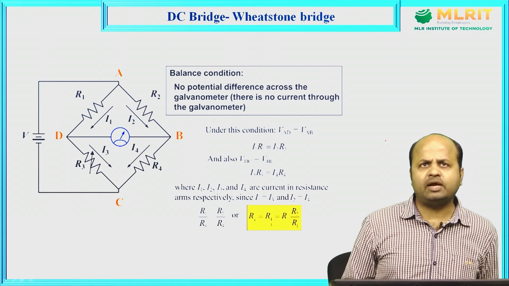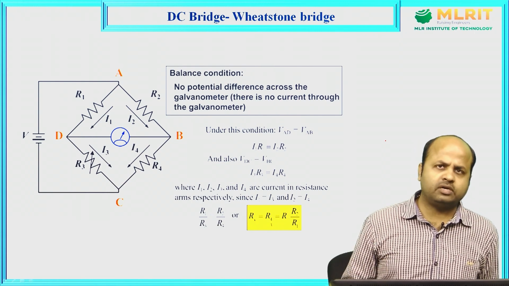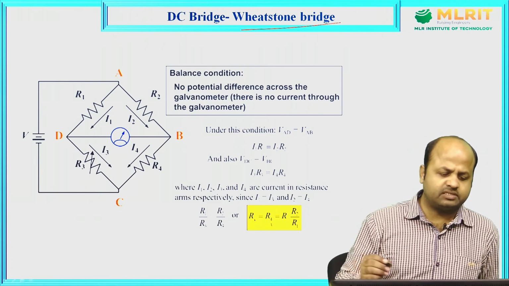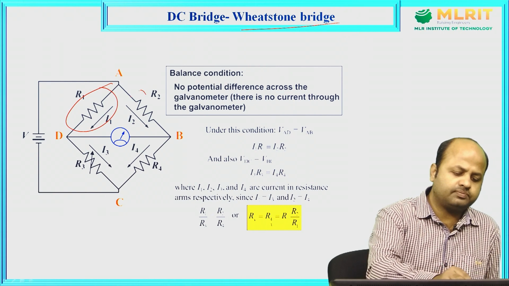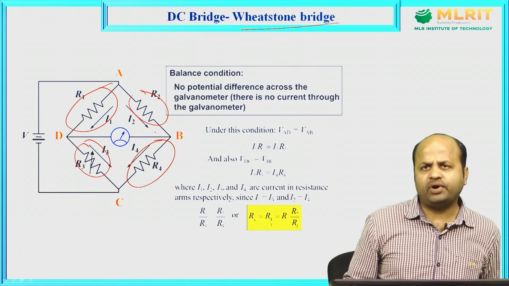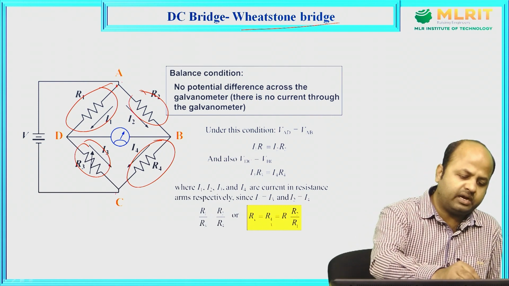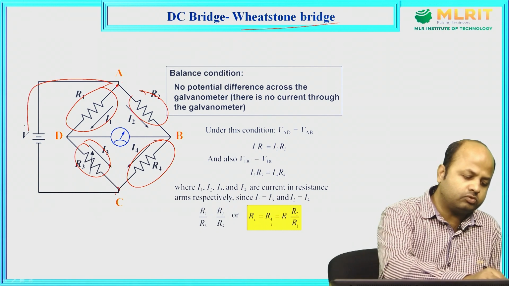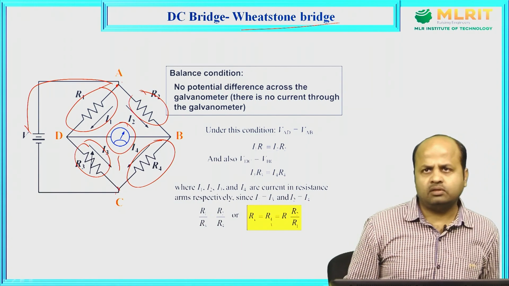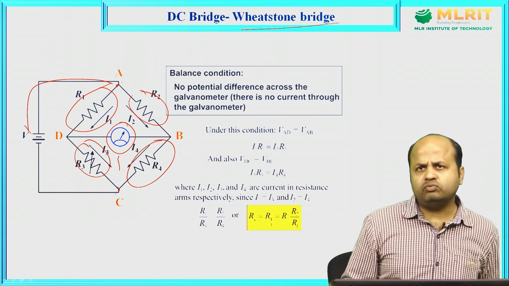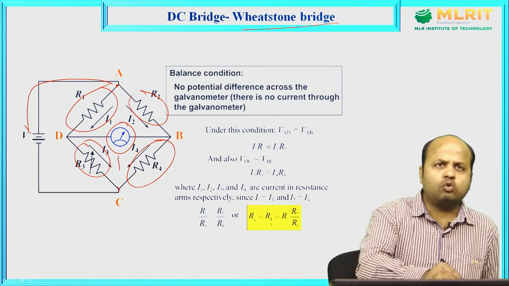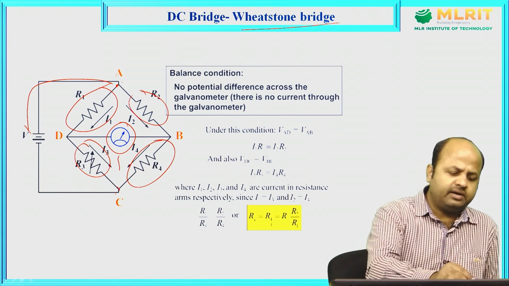So first of all, I would like to discuss the DC bridge, and the most important category of DC bridge is the Wheatstone bridge. In the Wheatstone bridge we can see that there are 4 resistors connected in a closed loop fashion as shown in the diagram, and it has 2 diagonals.